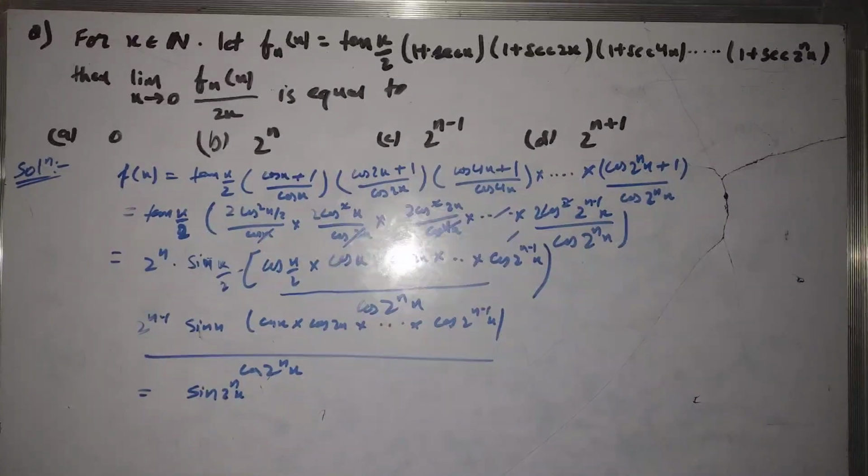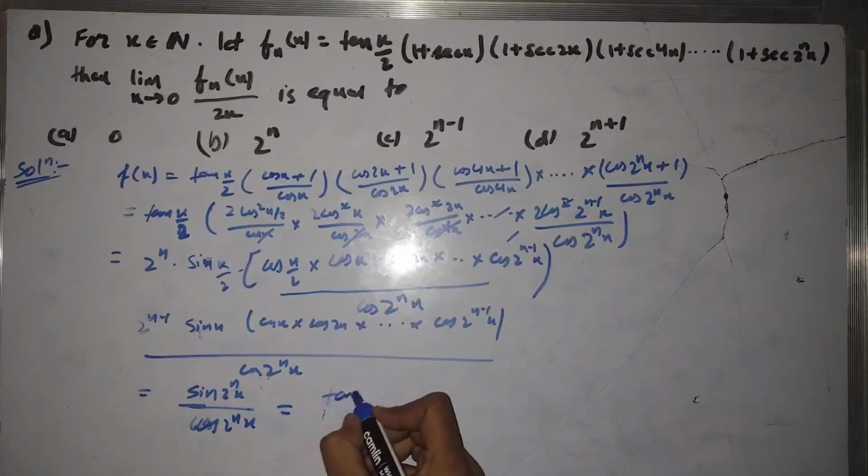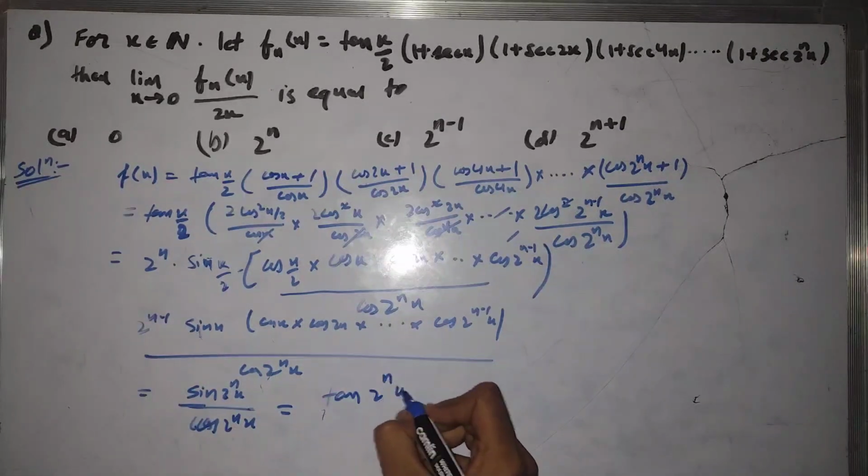And by writing 2 to the power n x, we are left with no 2 in the numerator, and we have cos 2 to the power n x in the denominator. This is actually tan 2 to the power n x.